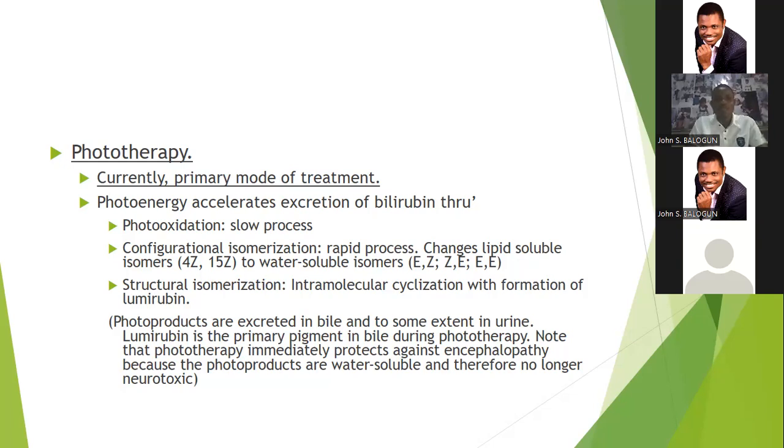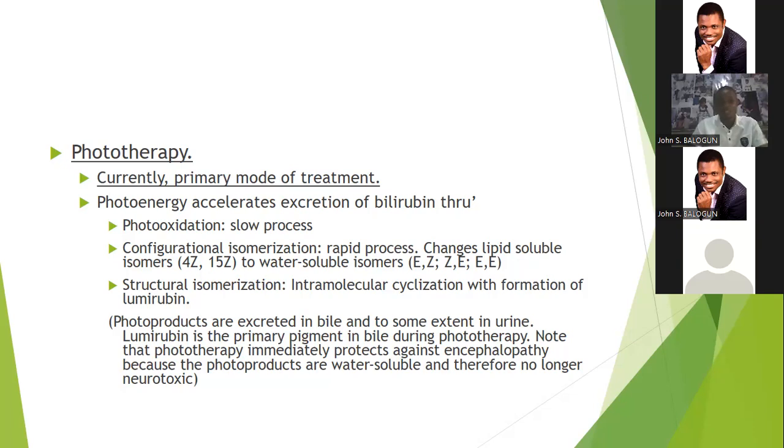Now it works by three major processes: the photooxidative process, the configurational isomerization, and then the structural isomerization. I don't think I need to bug you with all of these details because it may likely be beyond you. When you finish your job and you write your primaries, you can come over for residency and then you will get more of these details.